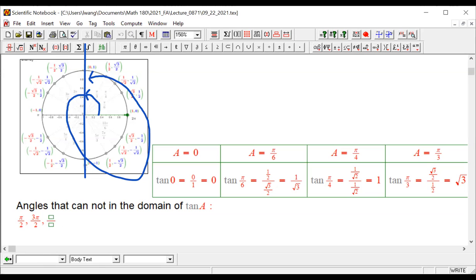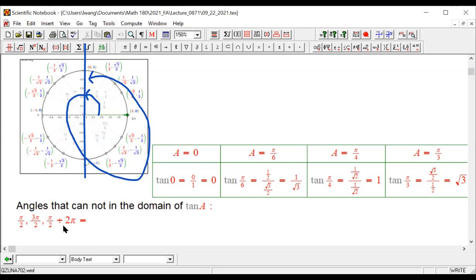Do you guys follow me? You basically take pi over 2 plus 2 pi. Can you guys operate pi over 2 plus 2 pi? What do you do? You find a common denominator.